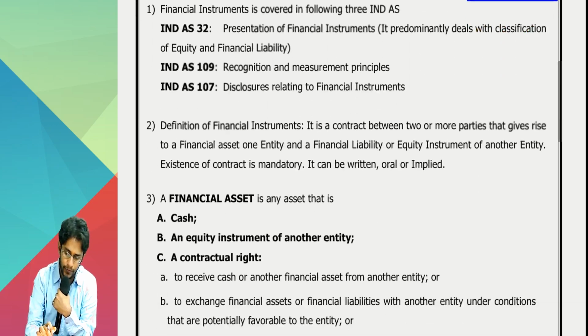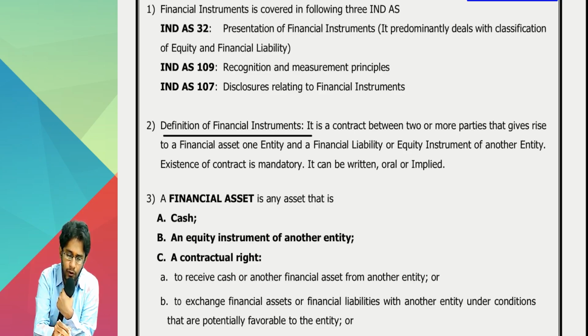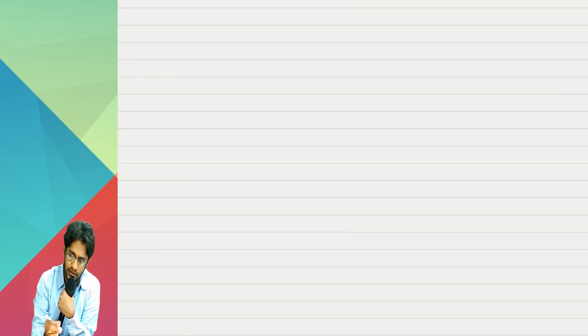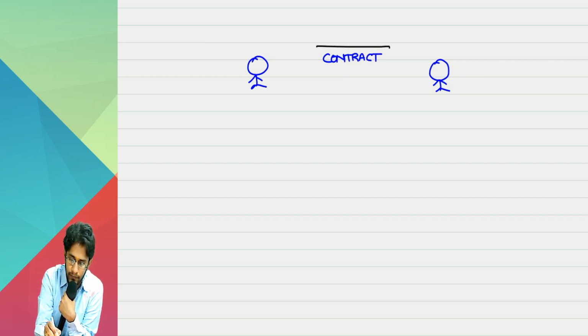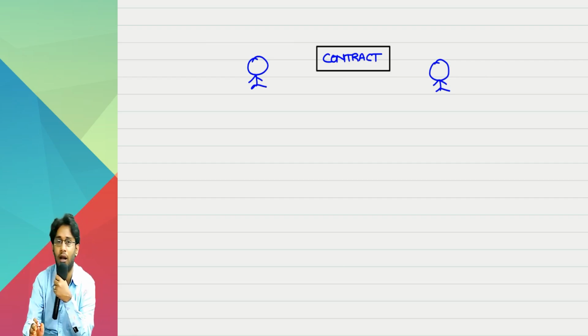Okay. Now, the first part, as usual, since the standards we are talking about deal with financial instruments, they define what a financial instrument is. First, he says a financial instrument is a contract. Sir, if there has to be a contract, at least how many parties are required? 2 parties are required. So there is a contract between 2 parties.